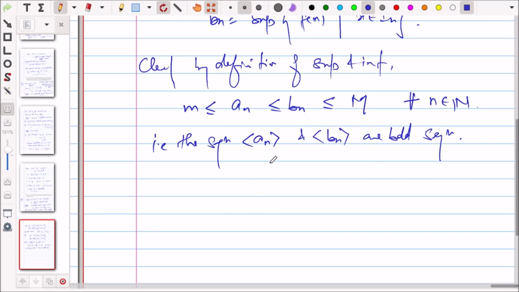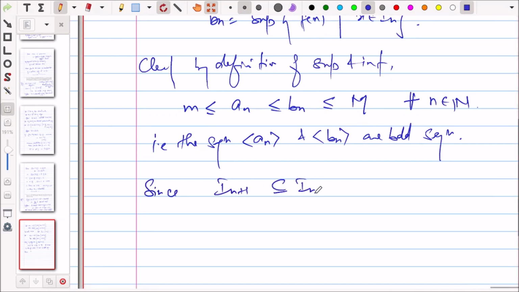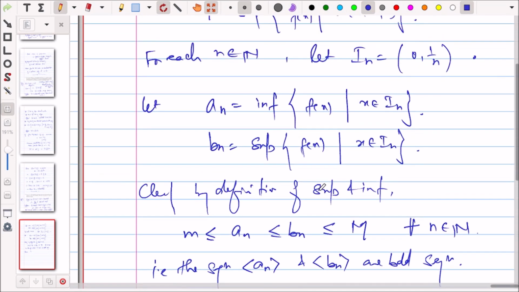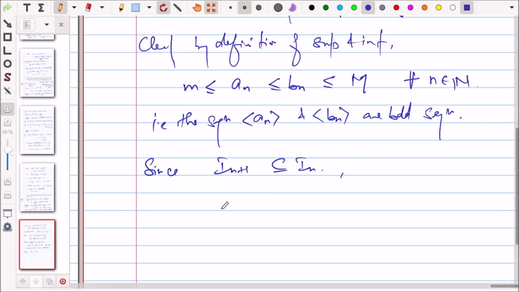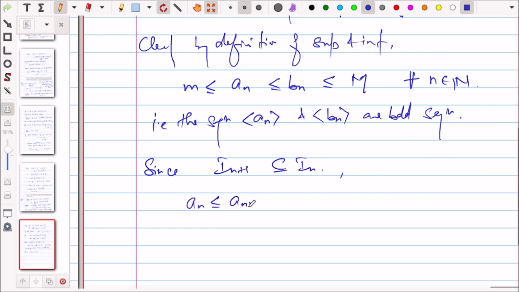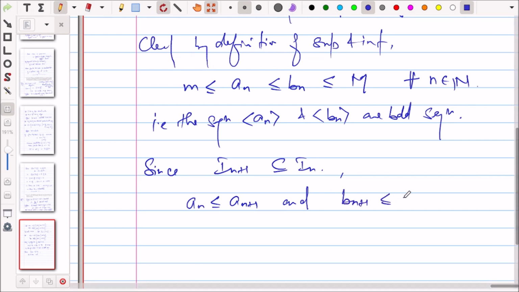Now we will show that these are monotonic sequences. This is true since I(n+1) is contained in In, right? The way we have chosen In is (0, 1/n], so I(n+1) will be (0, 1/(n+1)], which is contained in In. The infimum of a larger set is smaller, so an is less than or equal to a(n+1), and b(n+1) is less than or equal to bn.